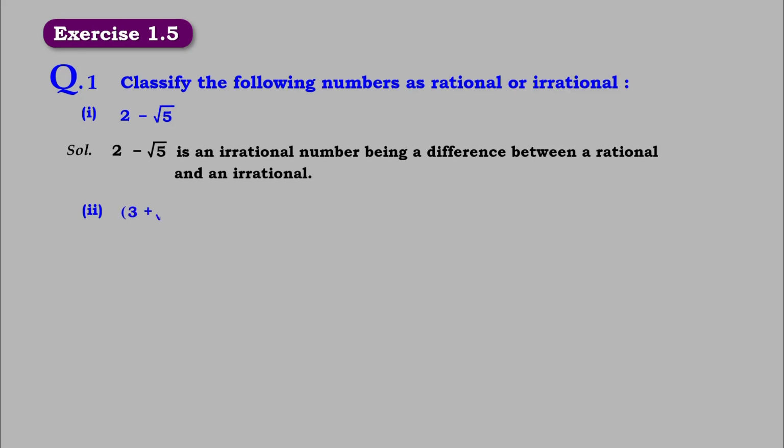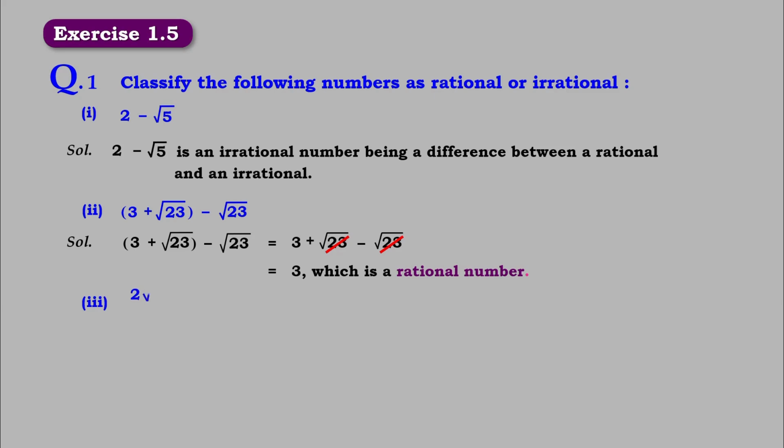Now question number 2. 3 plus root 23 minus root 23. So what we got is 3, which is a rational number.